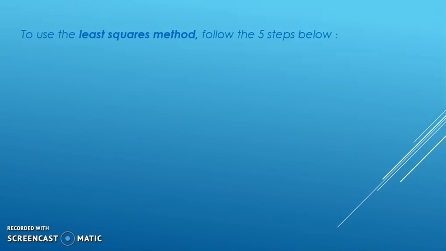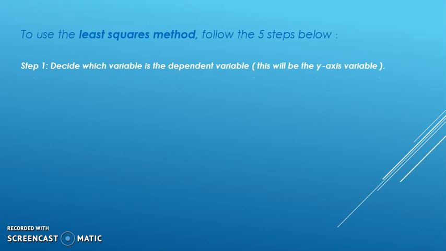Now to use the least squares method, we follow the 5 steps below. Step 1, you must first decide which variable is the dependent variable, and this will be the y-axis variable. Step 2, using the data that's given to you, you draw a simple scatter diagram.